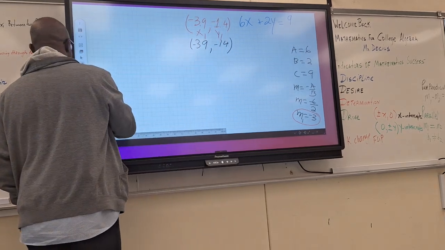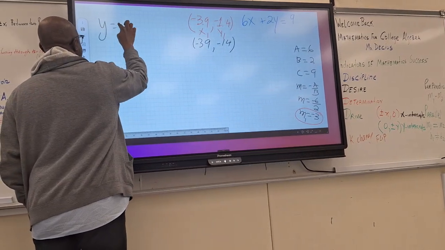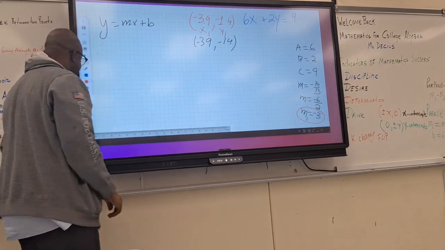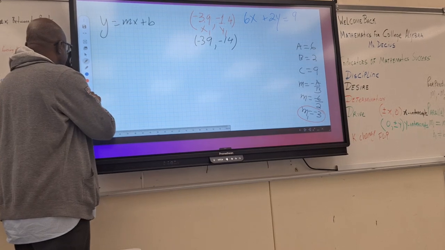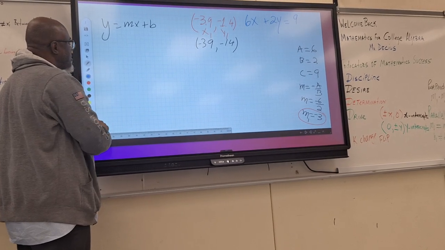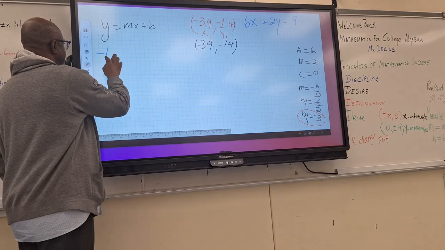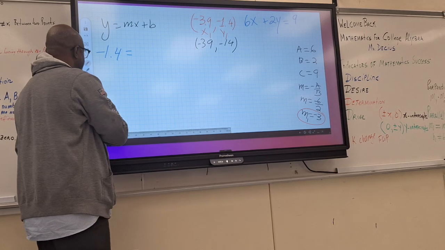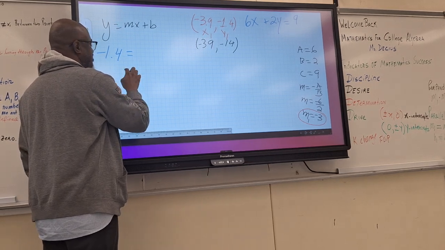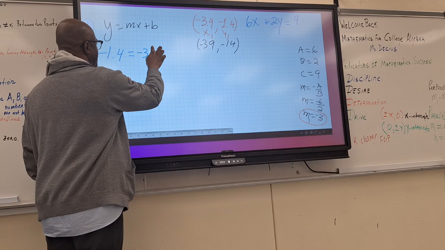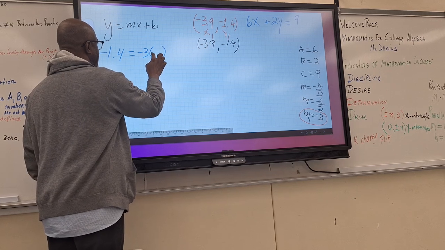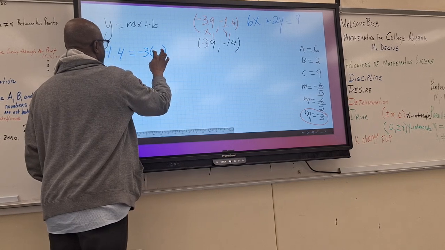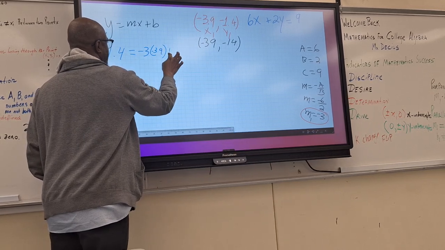You have two options. You can use y equals mx plus b and solve for b. In this case, y is negative 1.4. You did not use negative 14, so I will use negative 1.4. My slope is negative 3 and my x is negative 3.9, plus b.